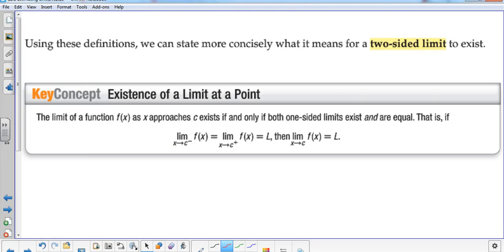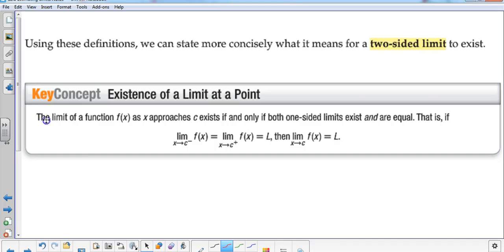That's just how to read it, okay? A two-sided limit exists only if the limit as x approaches C from the left is exactly the same as the limit as x approaches C from the right. Okay, and if both of those are L, then the limit at C is said to be L.